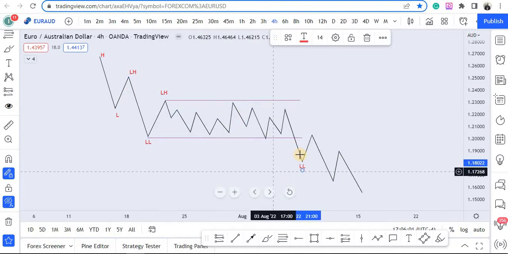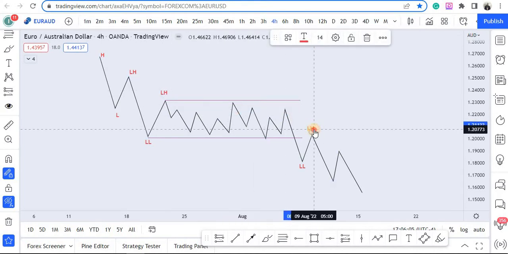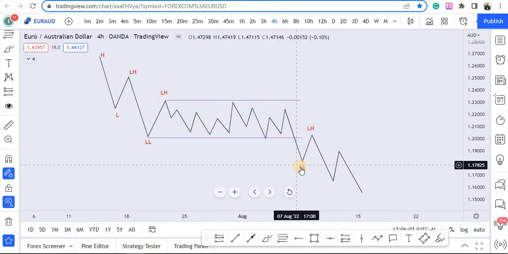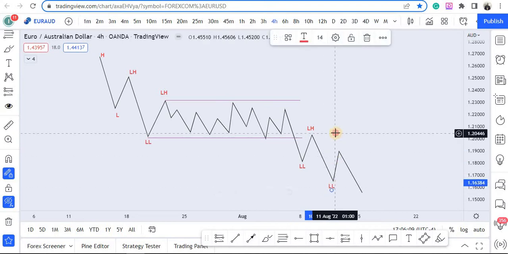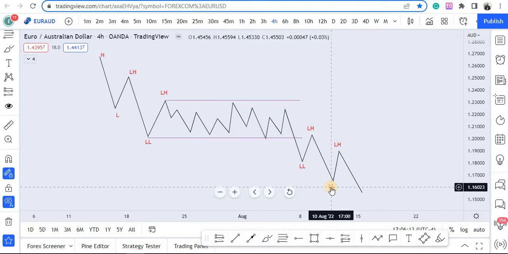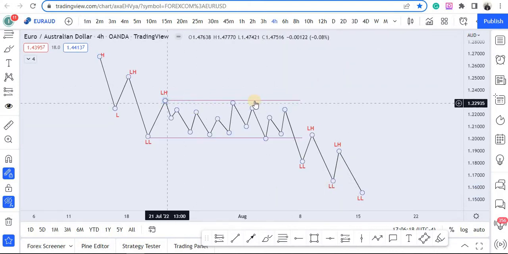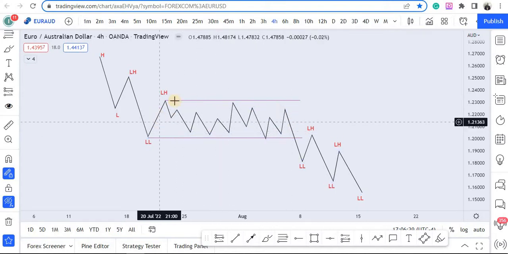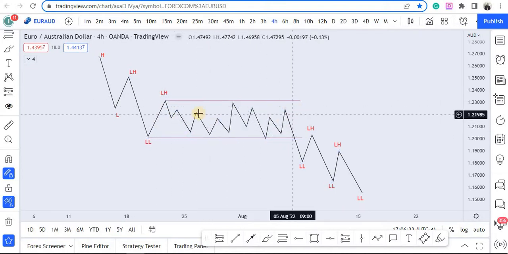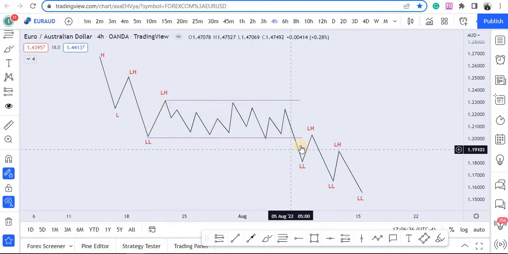and after that we have this lower high that is here. Then we have this lower low, we have this lower high, then we have this lower low. So you can see that I did not mark anything here. It doesn't really make sense to mark anything here because it is still in a range.